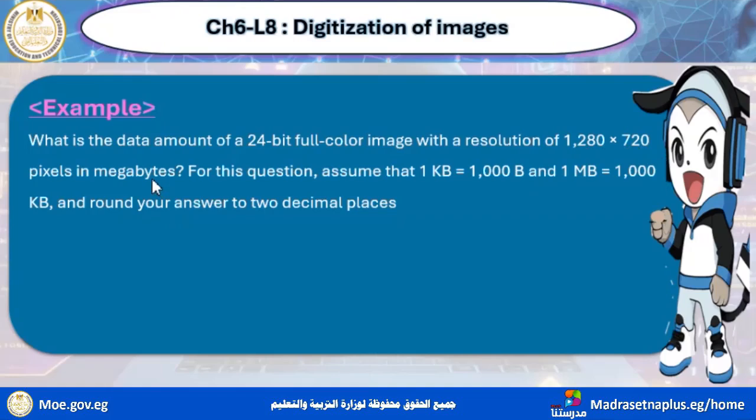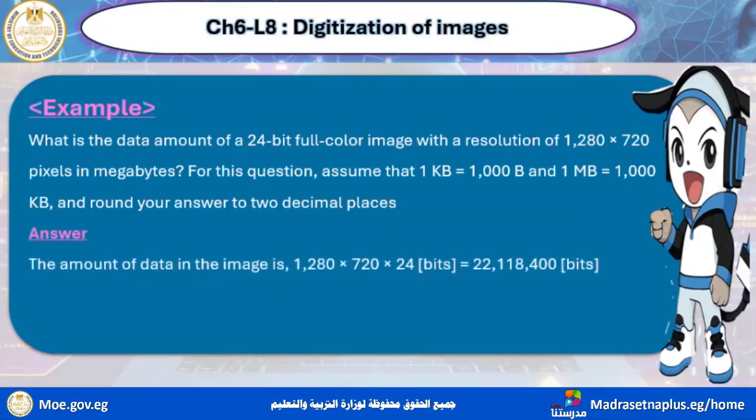We want to calculate the data amount in megabytes, and for this question, assume that 1 kilobyte is equal to 1000 bytes, not 1024, and 1 megabyte is equal to 1000 kilobytes, not 1024. We should round our answer to 2 decimal places.